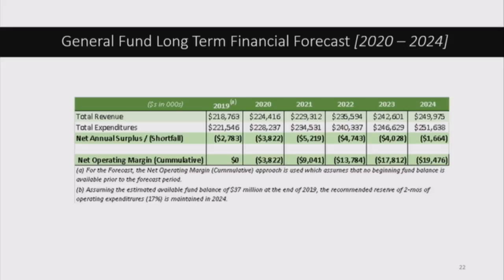We have our revenues here, and then our expenditures in the second line, and if you take revenues minus expenditures, you end up with these negative numbers on an annual basis. Remember that these expenditures include the costs for the silver tsunami, for our retiree payments.